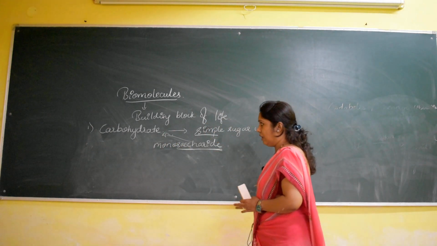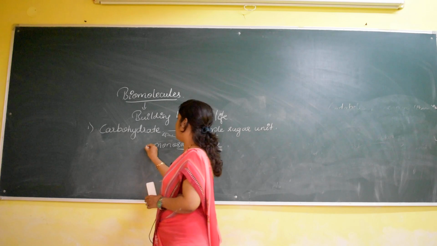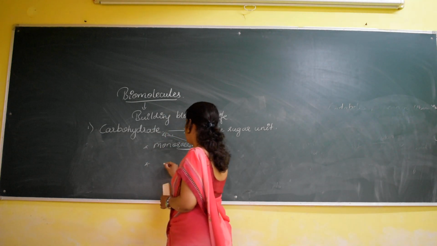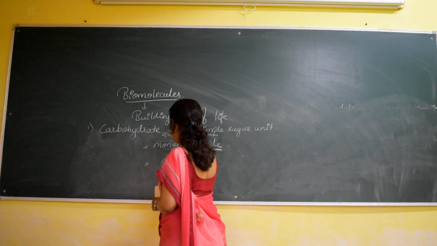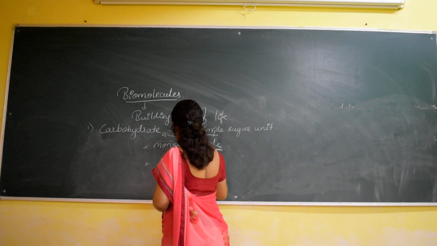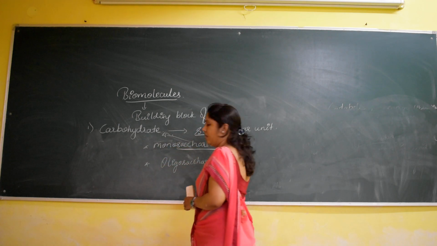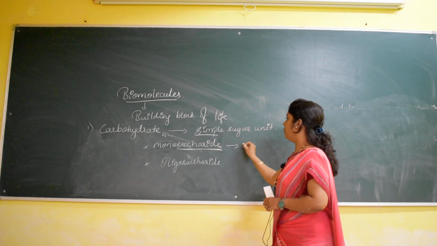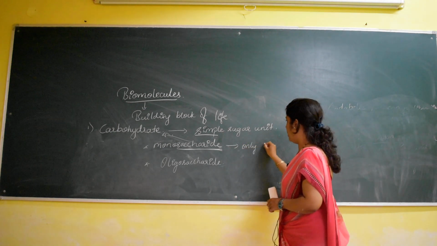Now carbohydrates are classified into categories. One is monosaccharide and another is oligosaccharide. What is a monosaccharide? It is made up of only one sugar unit.